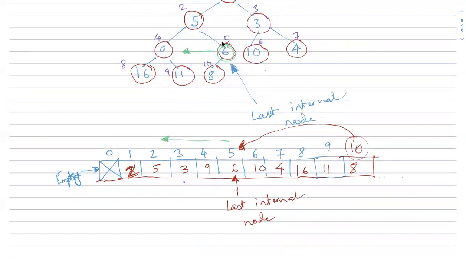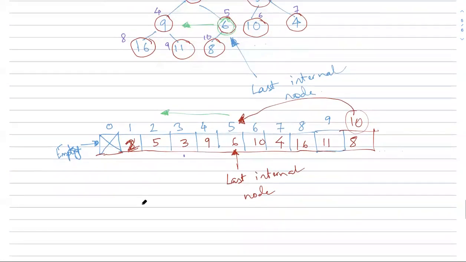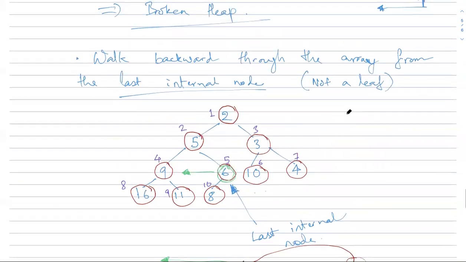Okay. So we are walking backward to the root, which is essentially reverse order in the array.